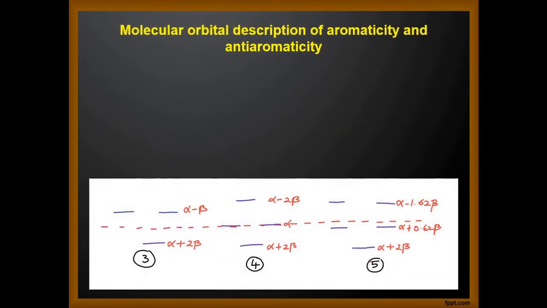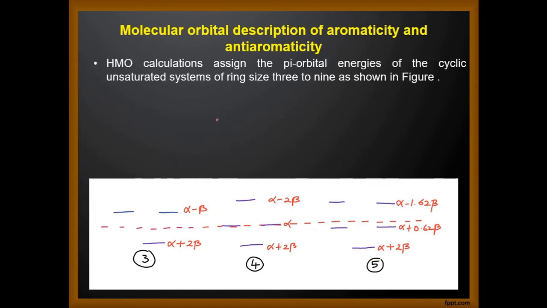Okay. Now, let us try to understand the descriptions for the molecular orbitals. If we have a cyclic compound with a 3 carbon system, the Hückel molecular orbital calculation assigns the pi orbital energies, and these pi orbital energies are obtained by solving the corresponding Schrodinger wave equation of that respective cyclic unsaturated system.